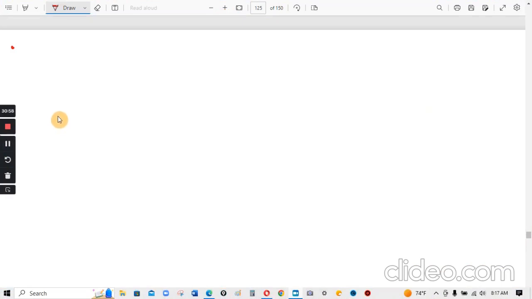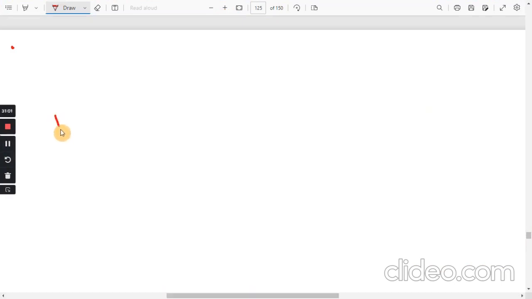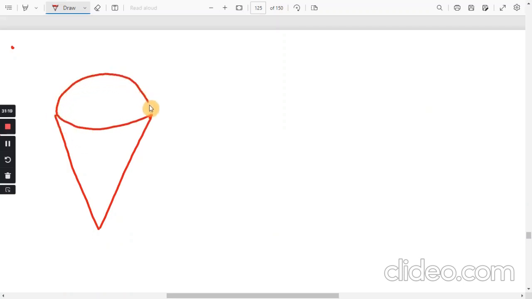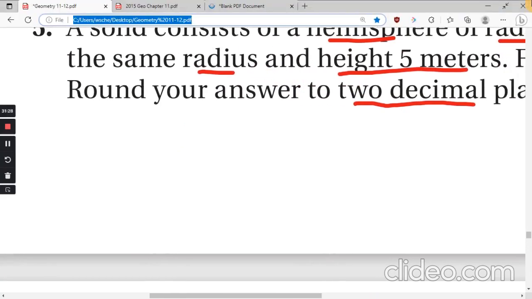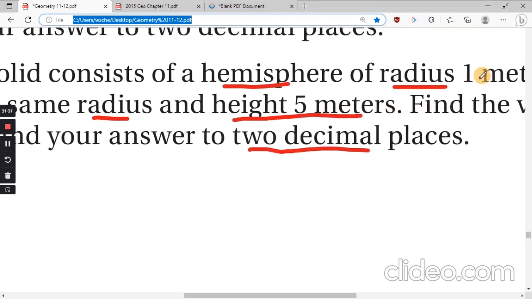They said the bottom part is a cone, and the top part is a hemisphere, so it's going to be half of a sphere. So it's basically something like this. And hard for me to draw, but they said the radius is 1 meter.